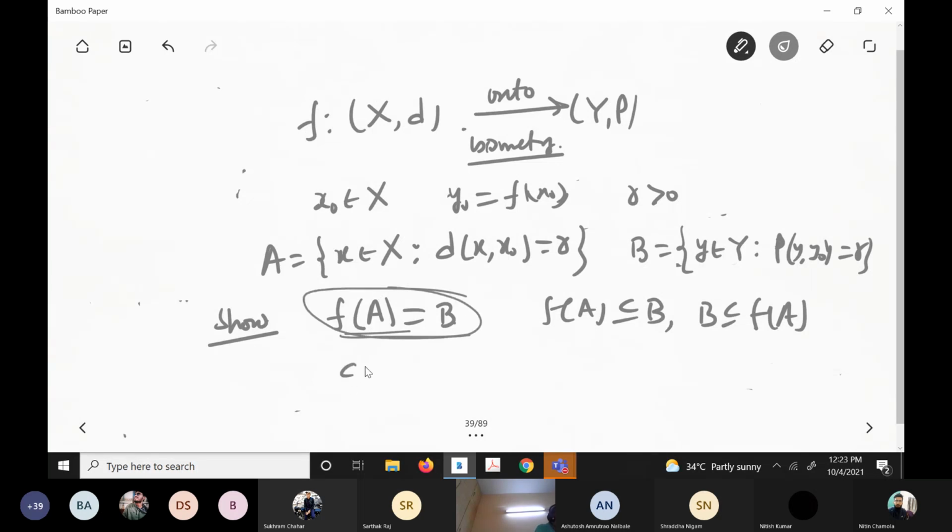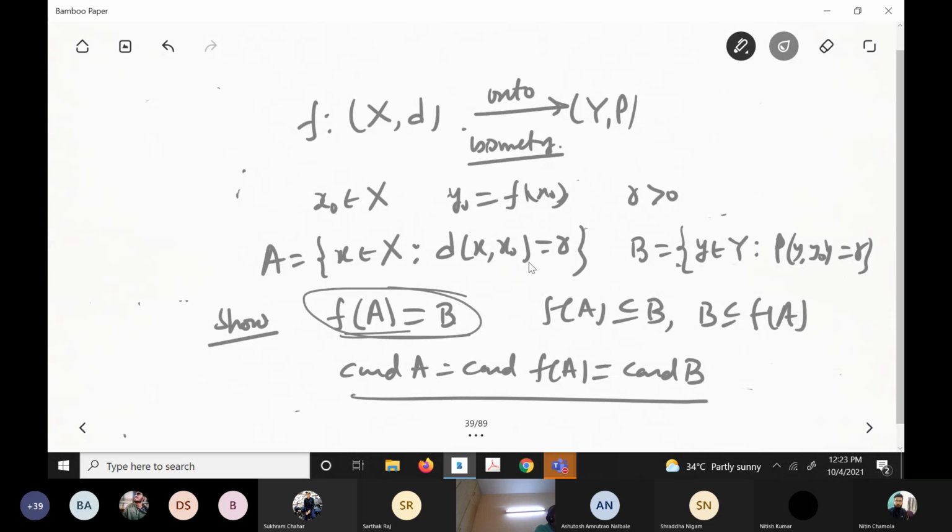That means the cardinality of A will be the cardinality of FA, and FA has the cardinality of B. So loosely, the number of points in the circle will be the same as the number of points here. Did you get it?